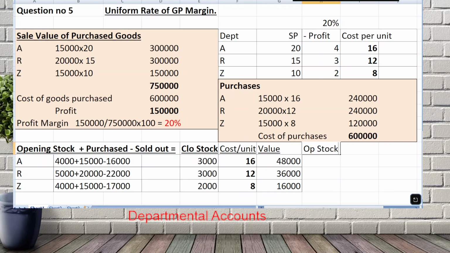Opening stock, how many units given? 4,000, 5,000, 4,000. Value multiply with the same value. This 4,000 into how much? 16. No stock situation earlier. 4,000 into 16.